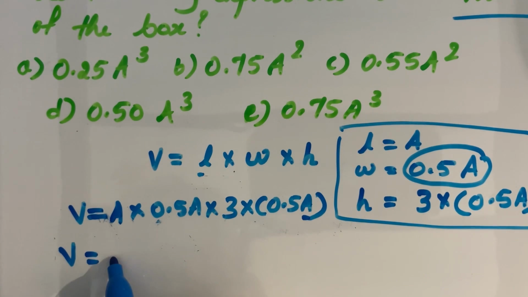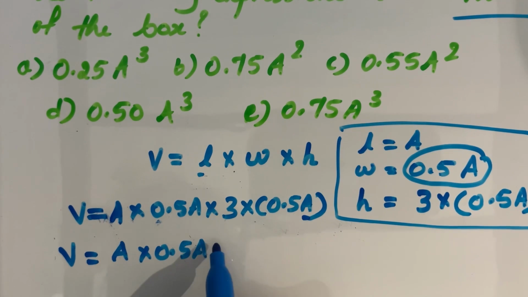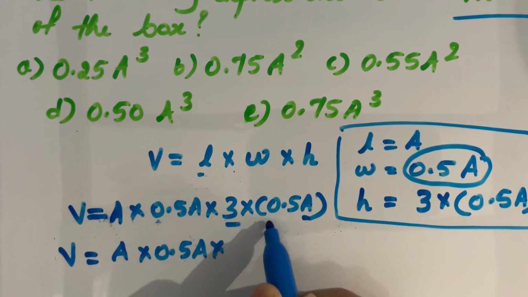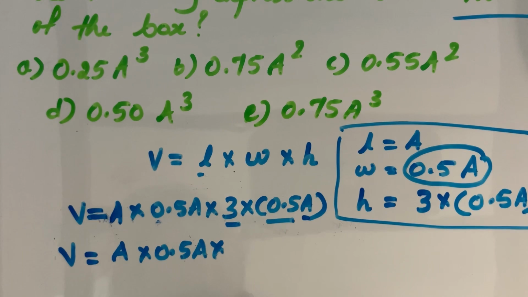Now let's simplify. A times 0.5 A times, what is 3 times 0.5? 3 times 0.5 is nothing but 1.5, 1.5 times A. 3 times 5 is 15, so 3 times 0.5 is 1.5.